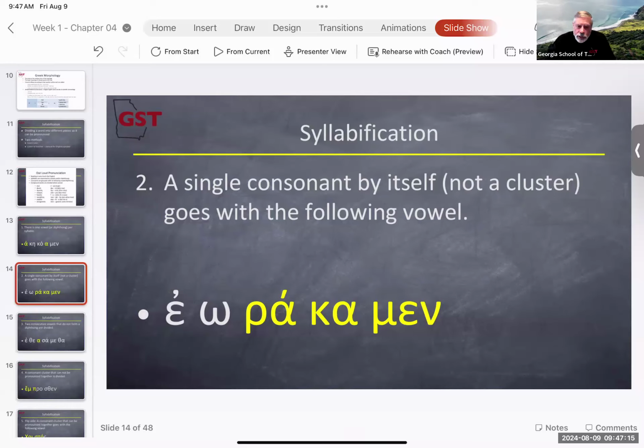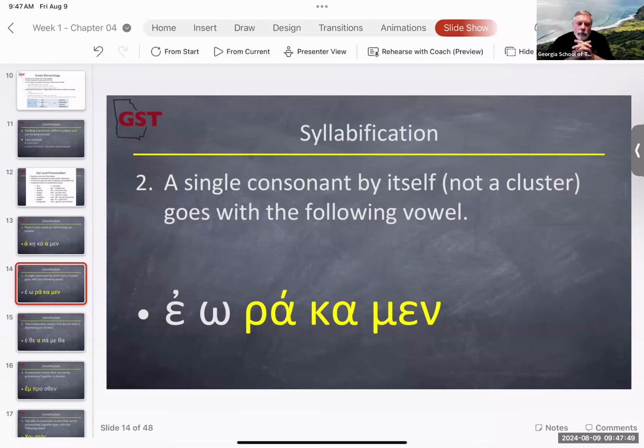So you see the rho and the alpha, the kappa and the alpha, the mu and the epsilon, followed by the nu. Those consonants go with the following vowel. Instead, it's a kappa with the alpha. So how many syllables are here? So 5 again.